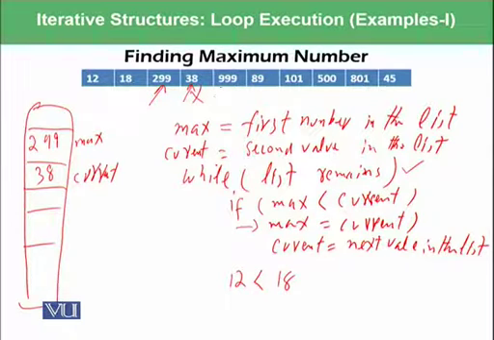Then it moves current to the next value, which is 999. If 299 is less than 999, the condition is true. So 999 will become the max, and current will be moved to 89.